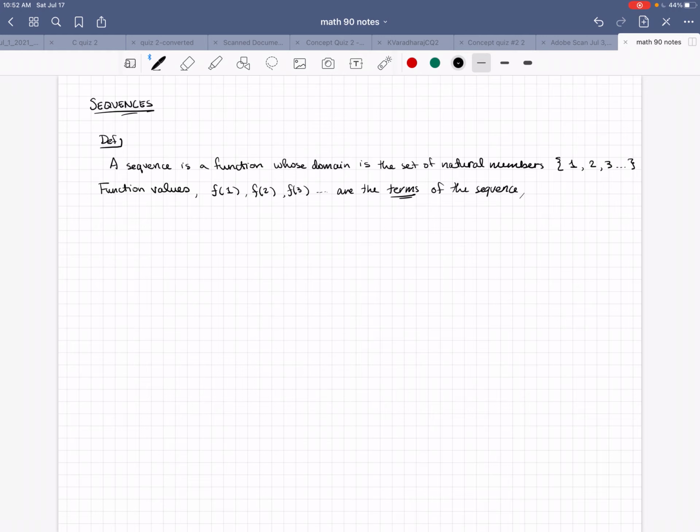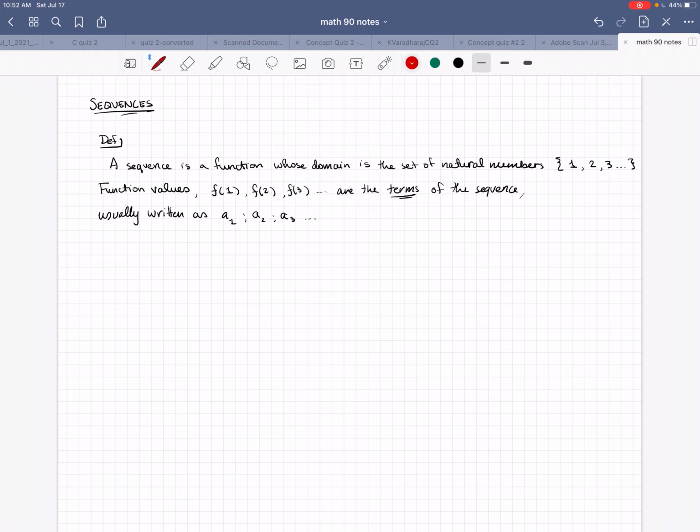And rather than being written f of 1, f of 2, f of 3, they're usually written as a sub 1, a sub 2, a sub 3, and so on.